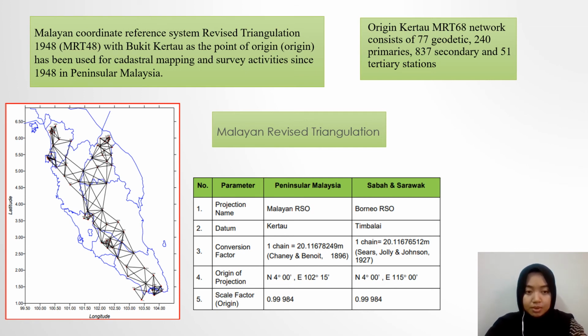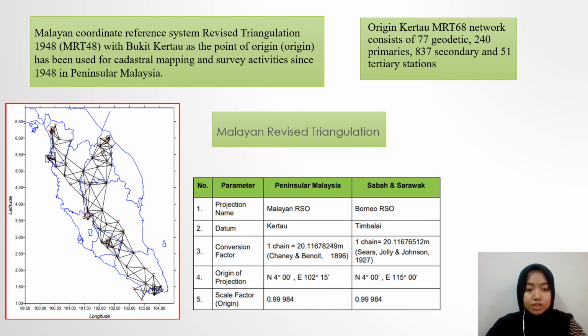This table shows the difference between the projection names of Malaysian RSO and Borneo RSO. Malaysian RSO is in Peninsular Malaysia, while Borneo RSO is in Sabah and Sarawak. The datum for Peninsular Malaysia is at Kertau, and for Sabah and Sarawak it is at Timbalai.